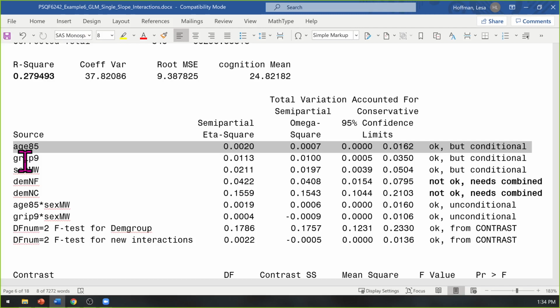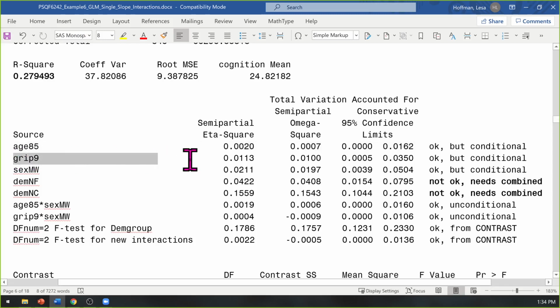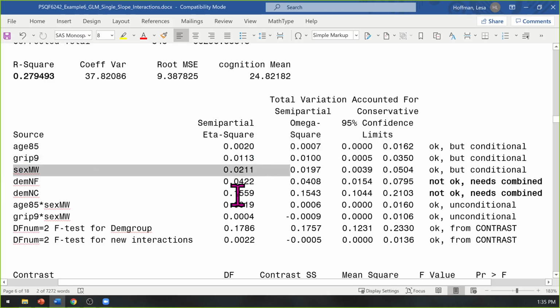So the effect size that goes with it also has that conditionality. Likewise, the effective grip strength right here is specific to men. And so this effect size is conditional as well. Same with this effective gender, because gender interacts with age and grip. That is the gender difference specifically among people who are 85 and can squeeze 9 pounds. And so that's conditional as well.